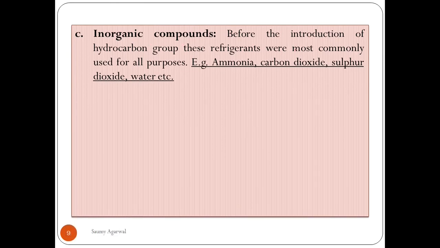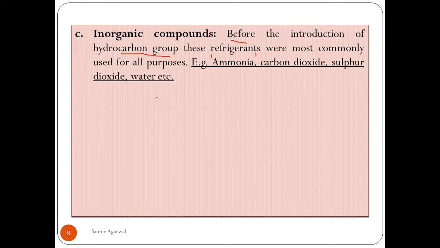So these were introduced before the hydrocarbon groups. Like they were used in the 18th and 19th century in the meat industry, in the food industry, and in the beer industry. They were used to store the beers in big containers. Okay, so even today ammonia is being used, but it is used only for industrial purposes. It is not used for domestic purposes, as it is very toxic in nature.